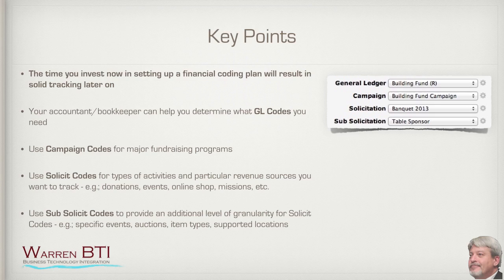Use sub-solicit codes to provide an additional level of granularity for your solicit codes. For example, specific events like the golf tournament or a banquet, auctions, item types, supported locations. If, for example, you did missions work in India in 8 different locations, the sub-solicit codes could be used to identify the specific locations where the money is to be sent.